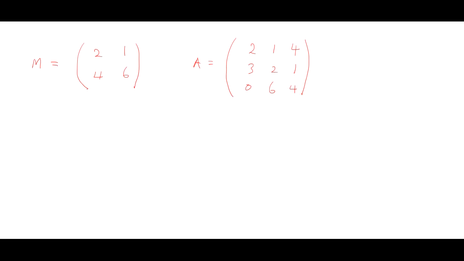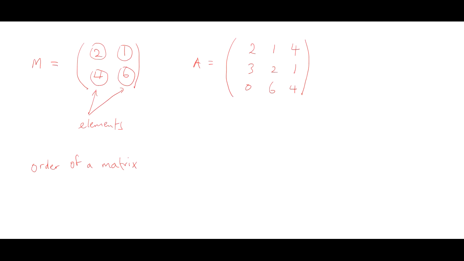Now, these numbers inside the matrix, in this case for the matrix M, we have 2, 1, 4, and 6. These are what we call elements of the matrix. And we have something called the order of a matrix.